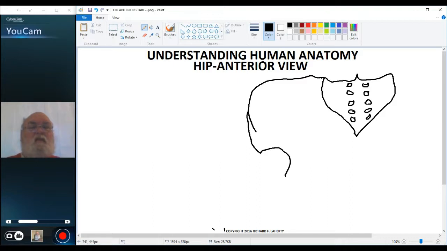and then the lip of the acetabulum, like so.